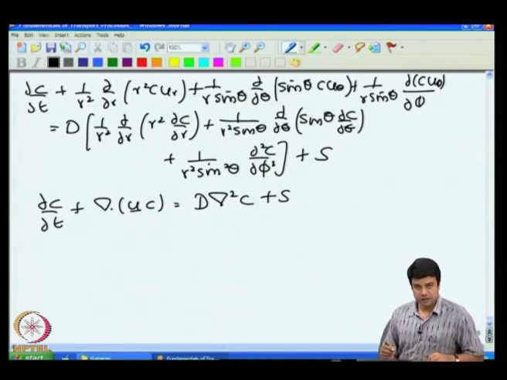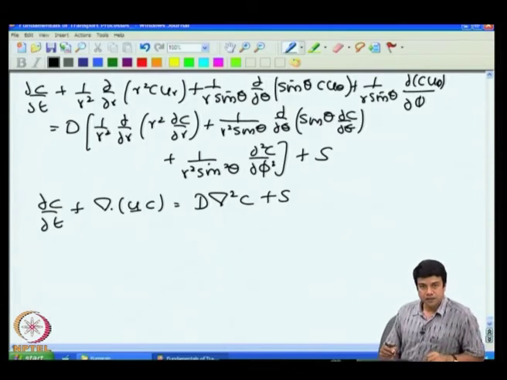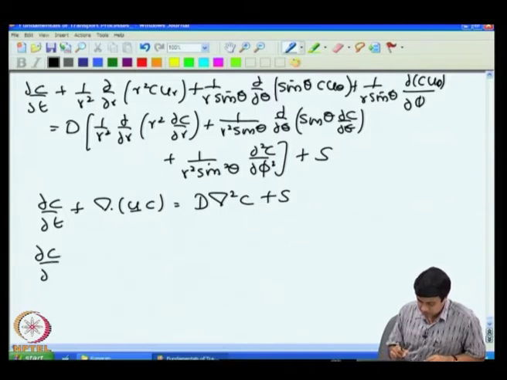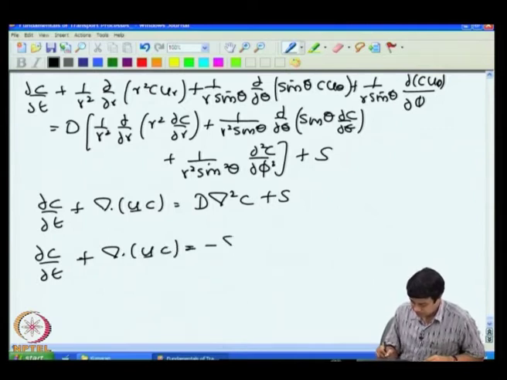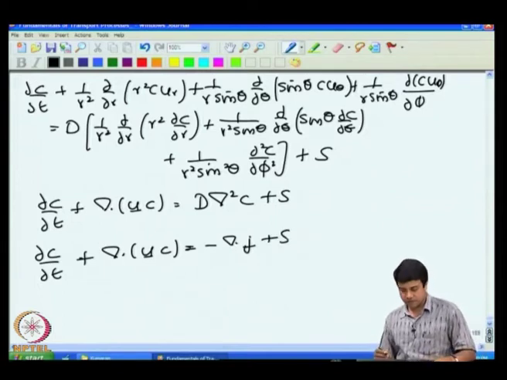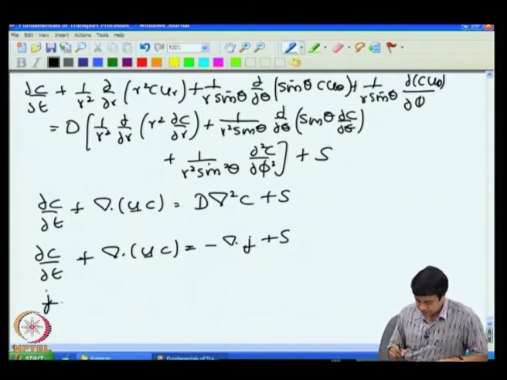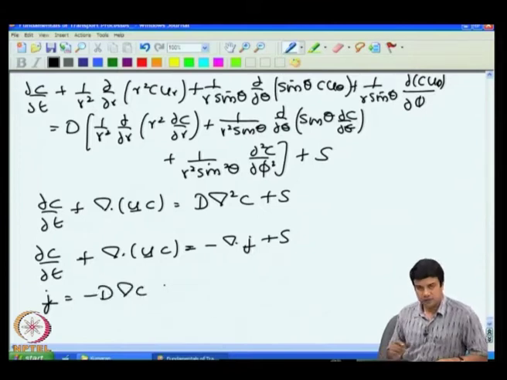So, this is the concentration equation in terms of the concentration field. If I write it in terms of the fluxes, I will get dc by dt plus del dot uc is equal to minus del dot j plus s, where j is the flux vector. J vector is equal to minus d grad c as usual.